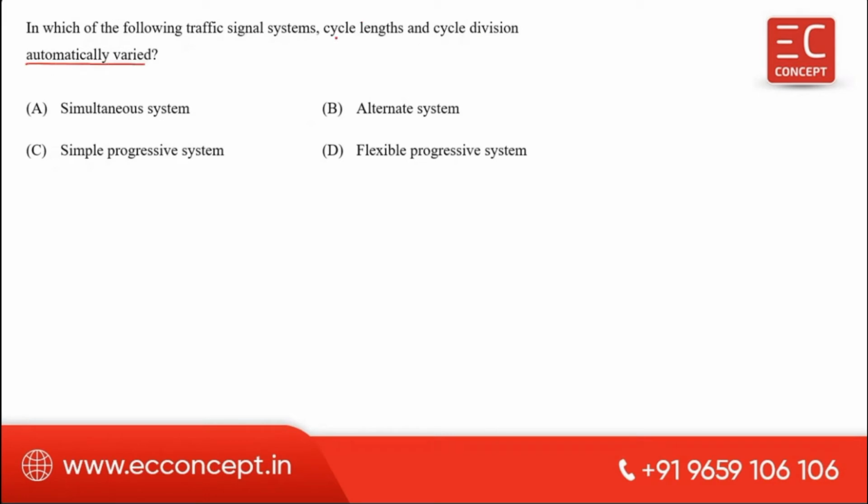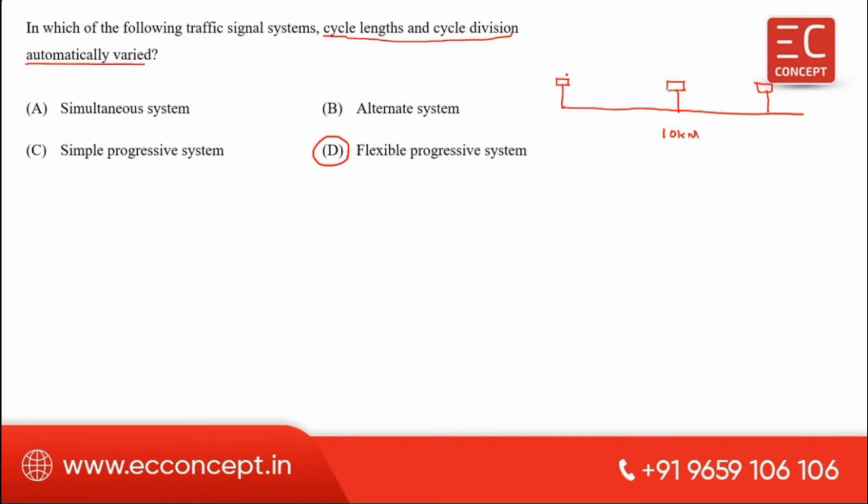Automatically. The cycle length and cycle division automatically varied for flexible system. Alternate system, in the alternate system means, suppose there was a signal. This is the road stretch for a 10-kilometer road, for example. In that 10-kilometer road, suppose there was a signal at the starting point, another one signal after 2 kilometers or somewhere, another signal also somewhere here, right?